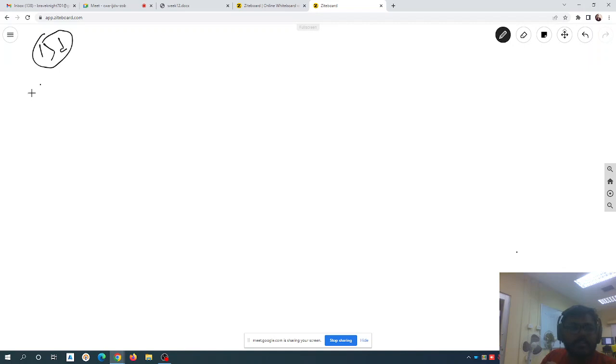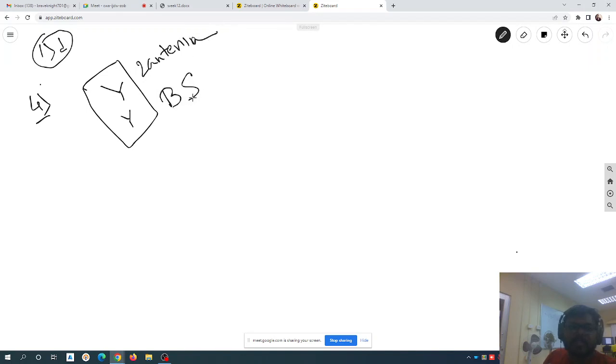Let us take, you have one particular transmitter, this is from a box, and it has 2 antennas, and suppose it is the base station, and you have one user here, one user here, and one user here. So this is the multi-user scenario.